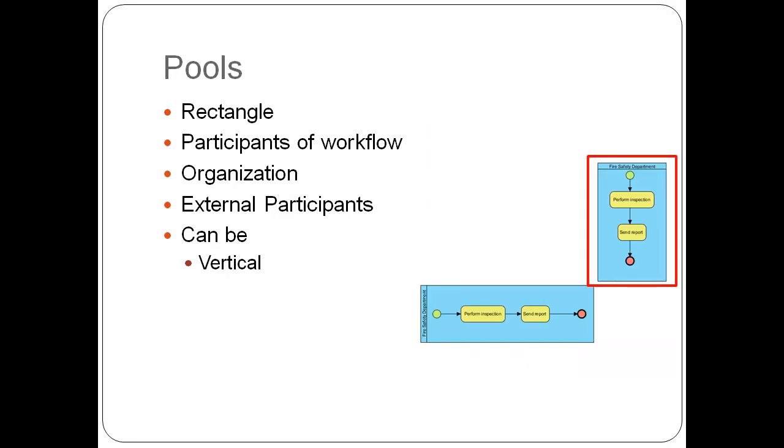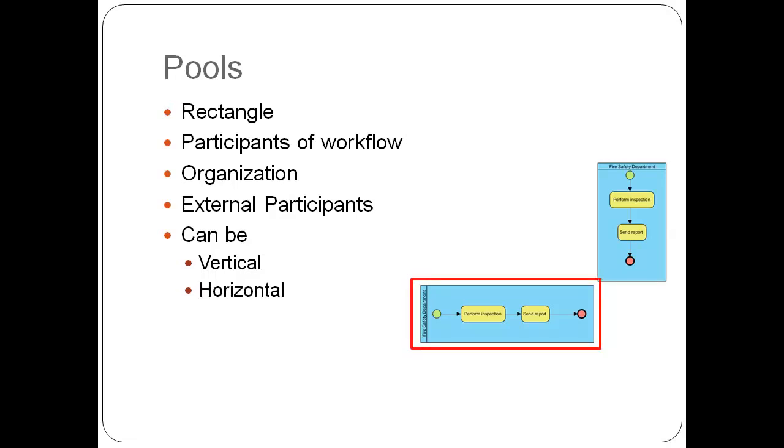It can be a vertical pool like this one, we have a vertical pool, fire safety department, or it can be a horizontal one. Thematically, they both are talking about the same thing, just different representations. So when we draw the diagram in these orientations, they are 100% the same, just a matter of style.